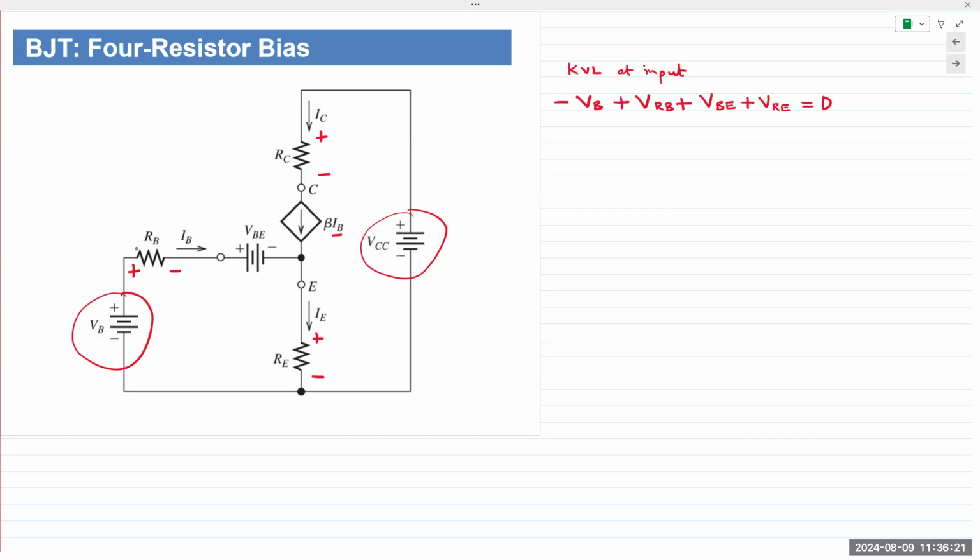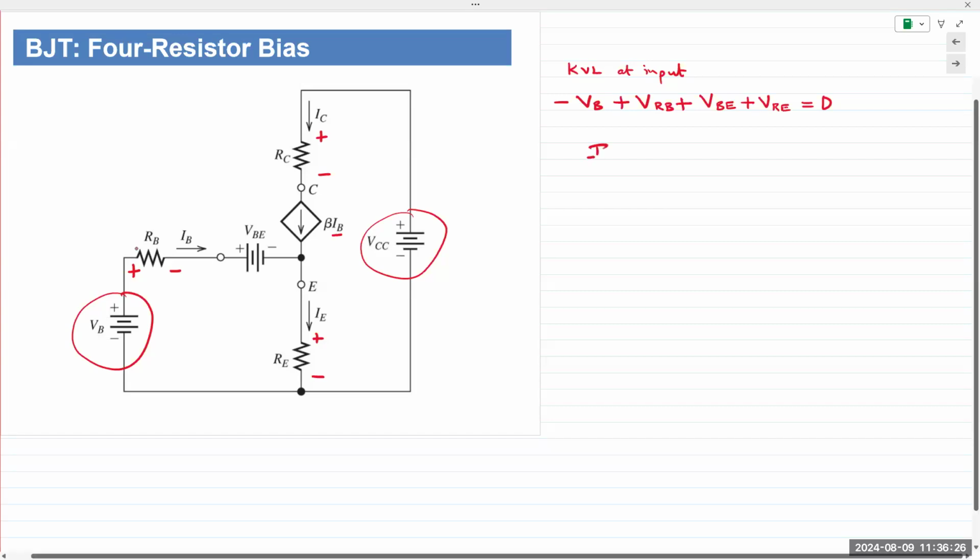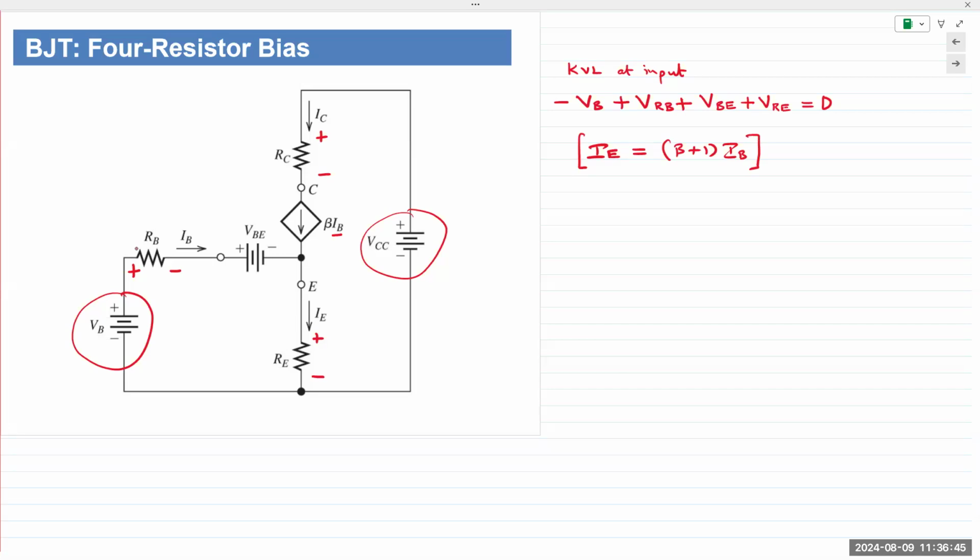From those equations, we can write that IE, the emitter current, is beta plus 1 times IB. This is simply beta times IB gives you IC, and IB times 1 gives you IB. So it's IC plus IB. That's all it is.